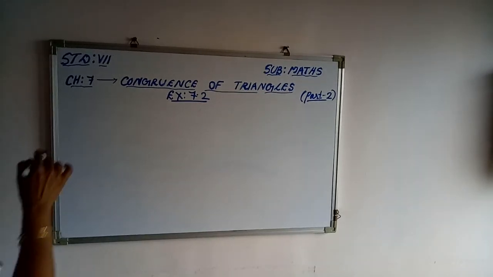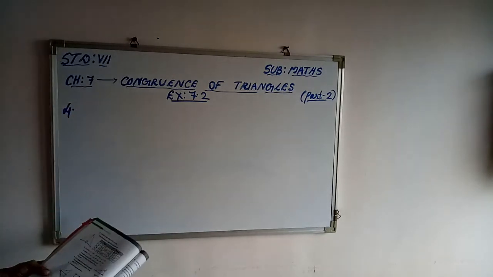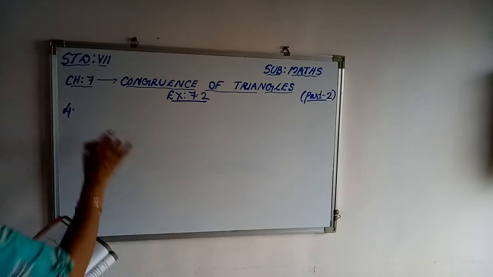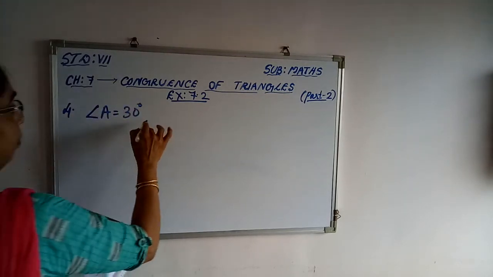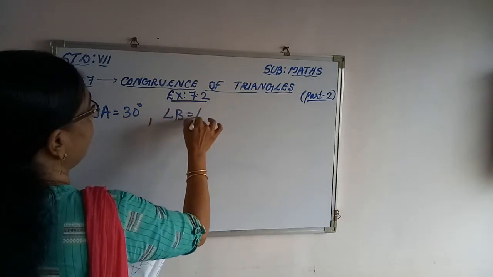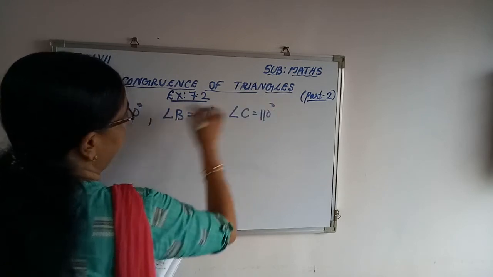Now see the fourth question. There are two triangles given, triangle ABC and triangle PQR. In triangle ABC it is given angle A is equal to 30 degrees, angle B is equal to 40 degrees, then angle C is equal to 110 degrees.